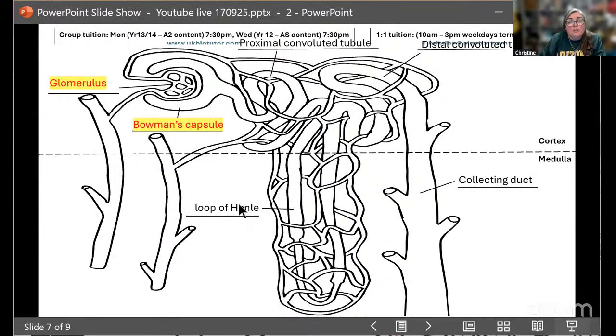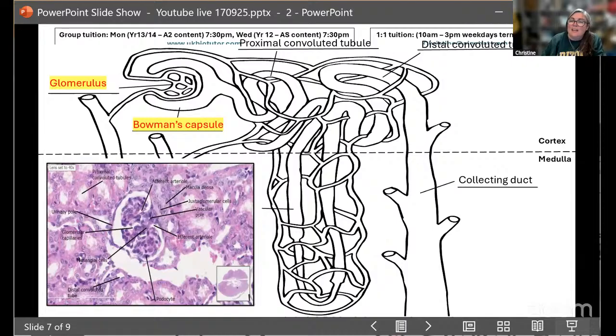No, not just water and urea, salts, yes, but other substances too will need to go. Amino acids, yes. Anything else? Proteins. Proteins shouldn't really go through unless they are very small proteins.